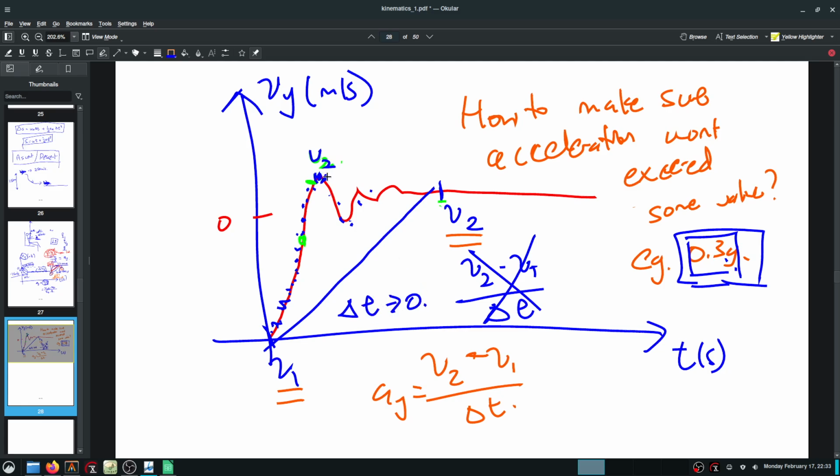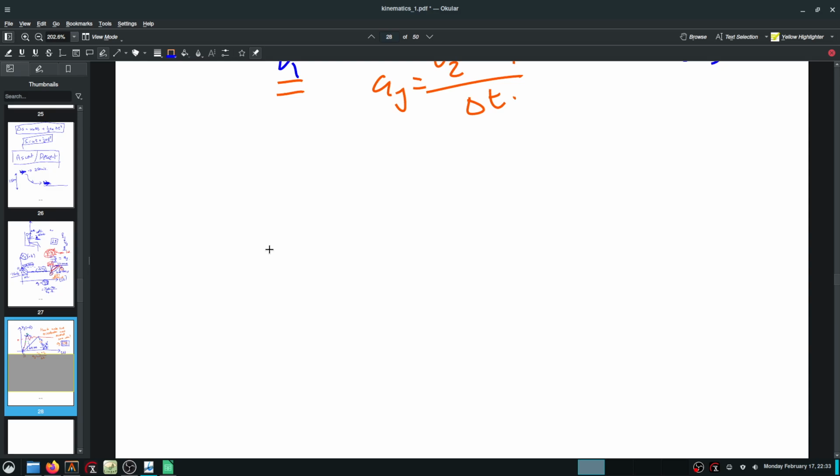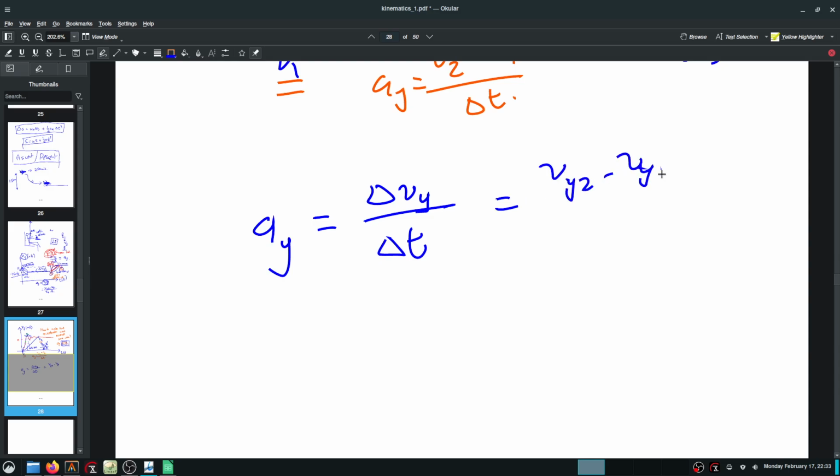I'm going to take two points here, v2 and v1. I'm going to take these two velocities, measure the times where these velocities are measured, and plug them into my acceleration formula. In general, the acceleration in the y direction is delta vy over delta t, which is vy2 minus vy1 over t2 minus t1.